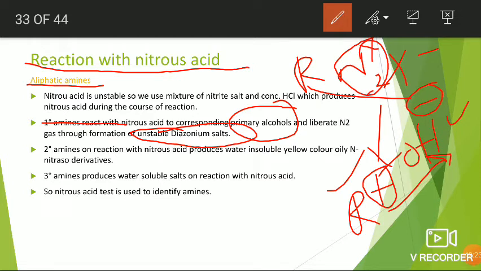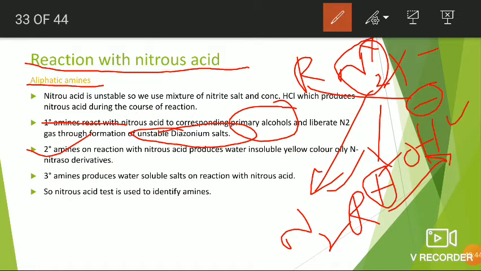This N2 is removed as stable N2 gas. So if you treat a primary amine with nitrous acid and a colorless gas is liberated from the reaction mixture, then it is an aliphatic primary amine.